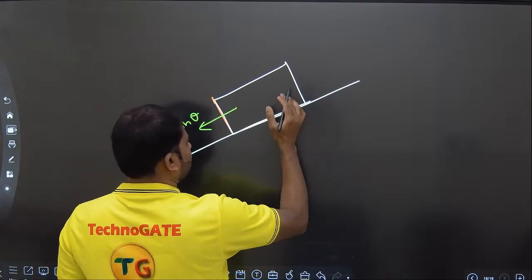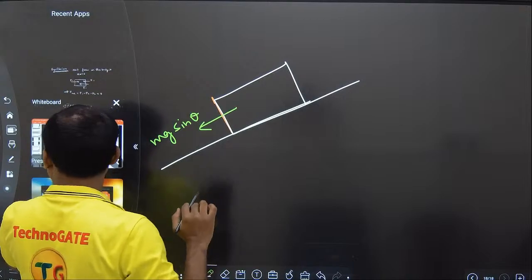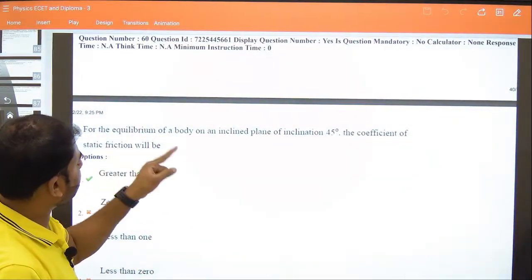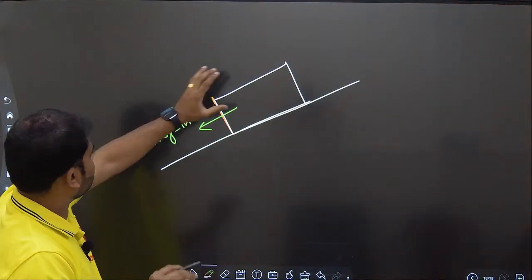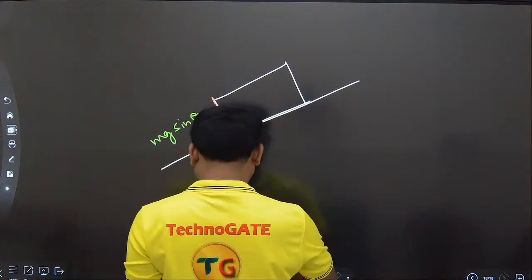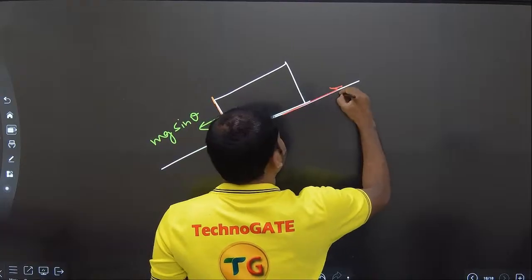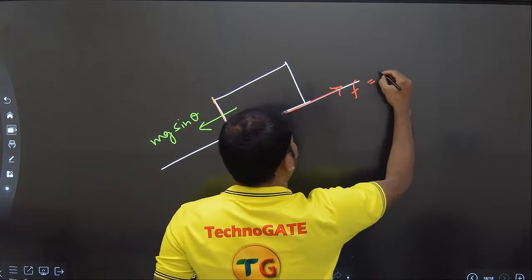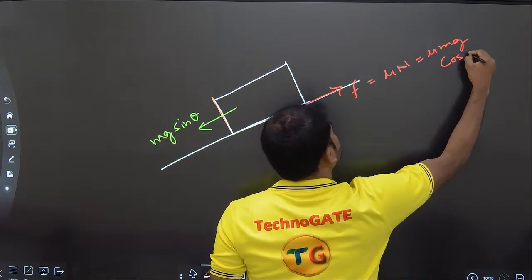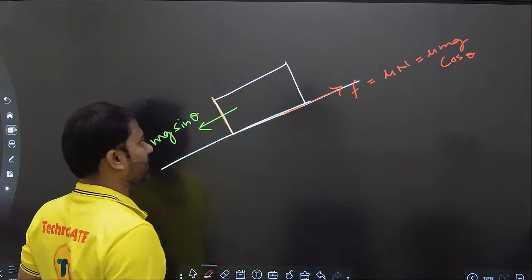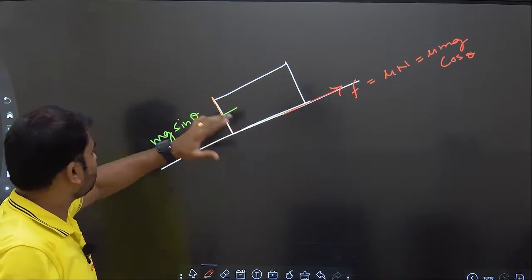And it is trying to fall down. Since it is trying to fall down, there is friction upside, which will be mu into N, which is mu mg cos theta, because N becomes mg cos theta. So for equilibrium, both should be equal.